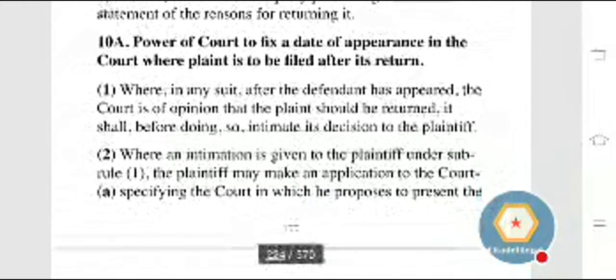Let's see. Rule 10A sub rule 1 says where in a suit the defendant has appeared and the court is of the opinion that the plaint should be returned, it shall before doing so intimate its decision to the plaintiff first of all.